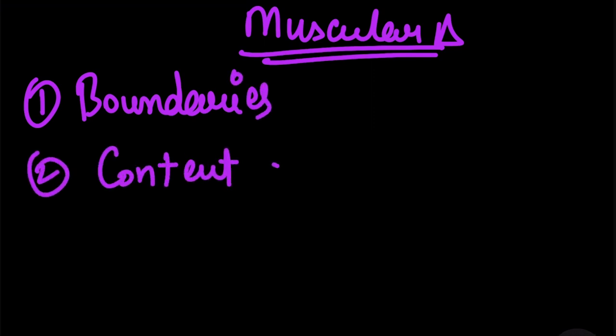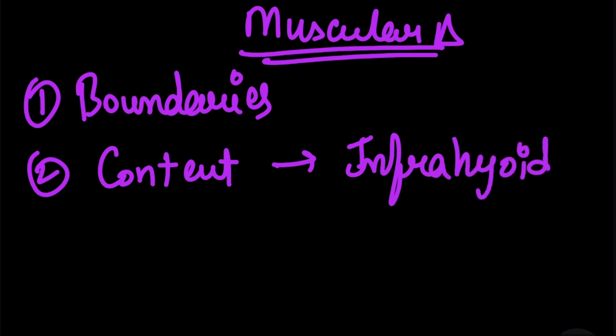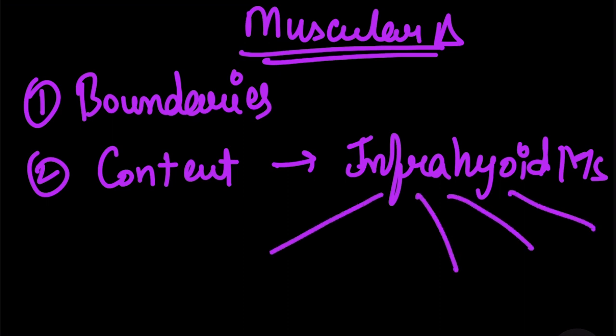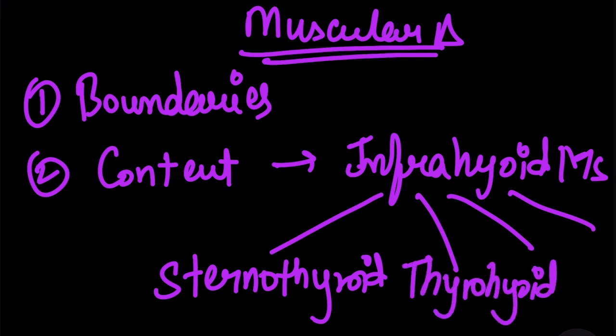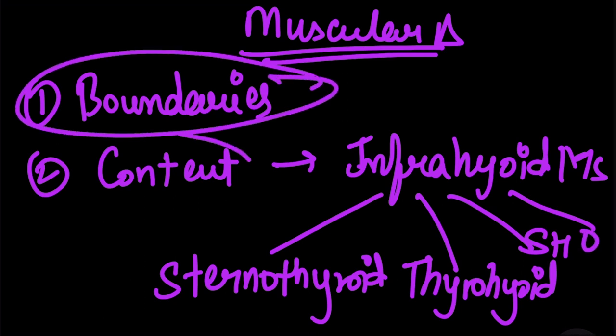In the content, the main focus is basically on our infrahyoid muscles, and the infrahyoid muscles we have already learned that it is 4 in number, that is Sterno Thyroid, Thyrohyoid, then we have the Sternohyoid and we have the Omohyoid in this. So first we are going to cover about the boundaries and then the content.